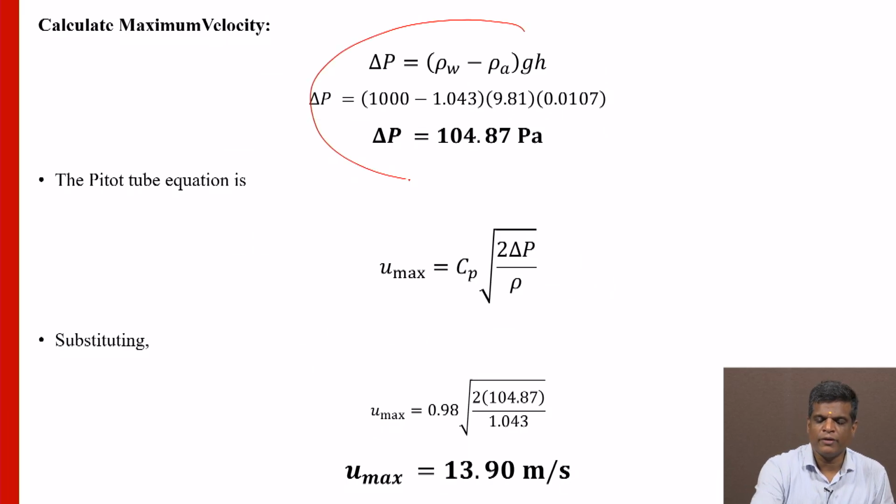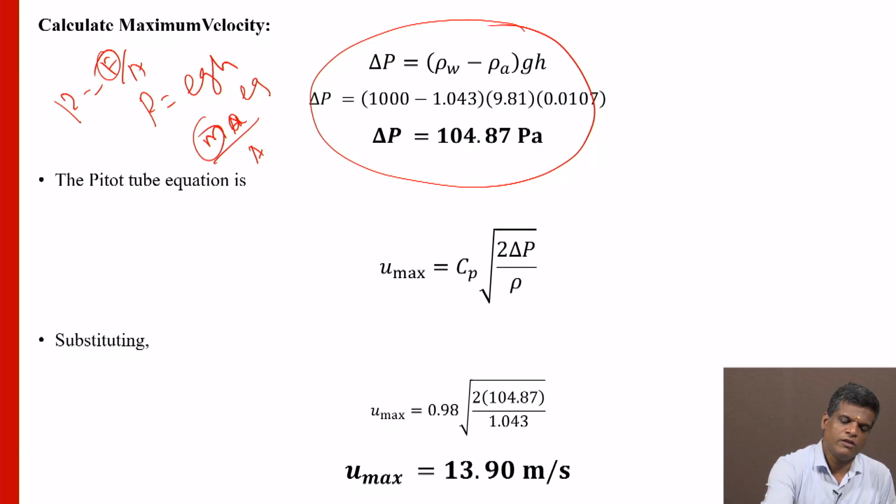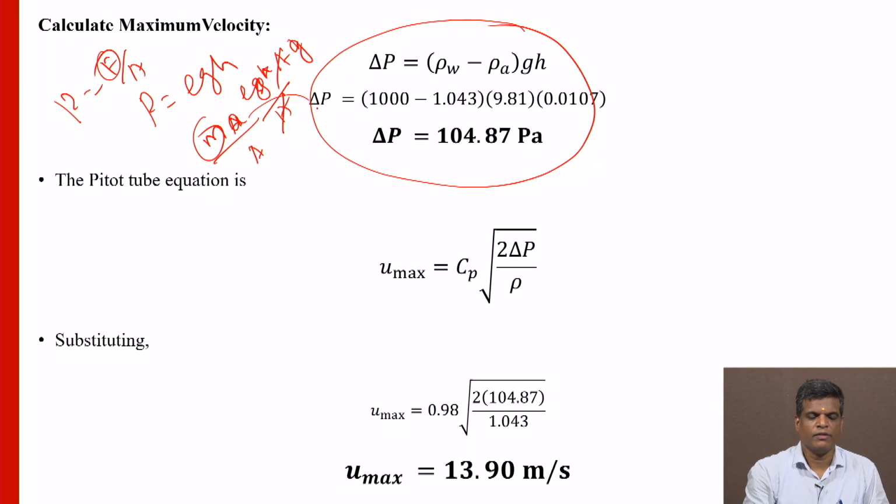So, we know that delta P is equal to rho g h. We always write P equal to rho g h, because we start from P equal to F by A. F we can write as mass times acceleration. This mass we can again write as rho times volume, rho A h, then divided by A, and then acceleration g comes. So, A will get cancelled and it goes as rho g h.